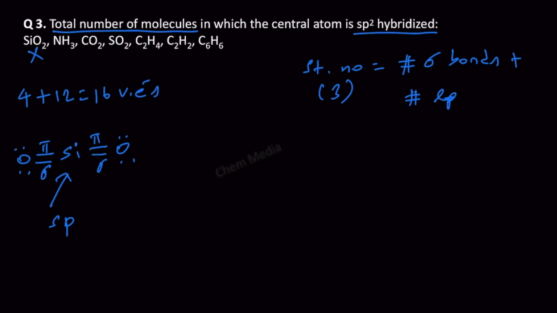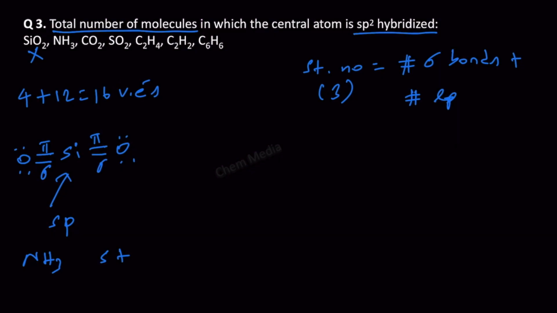And then for NH3, what would be the total number of valence electrons? It would be 5 plus 3 because the atomic number of nitrogen is 7. So, 1s2 we shouldn't include, and 2s2 2p3 electrons we are including.